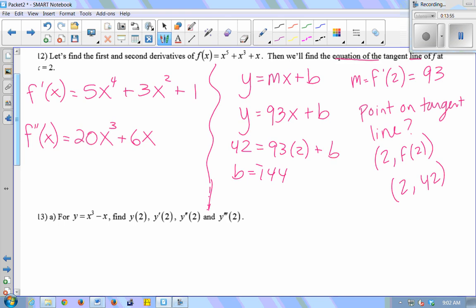So that's my y-intercept. So then my final answer, the equation of the line, is going to be y equals 93x minus 144. So a new kind of question that just puts together stuff that you know about derivatives and stuff that you know about lines, from a long time ago.